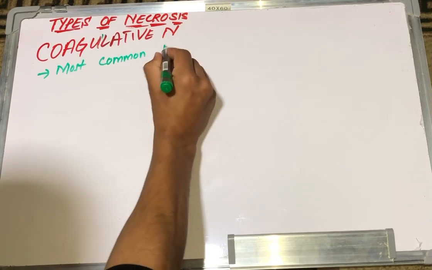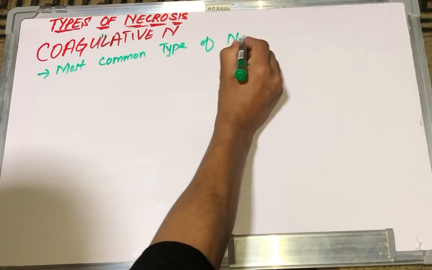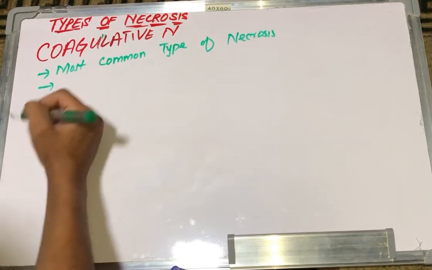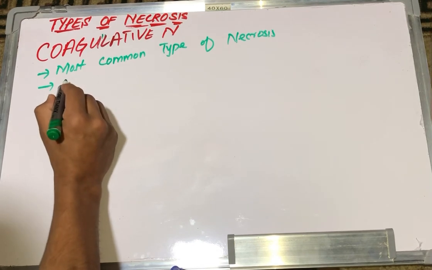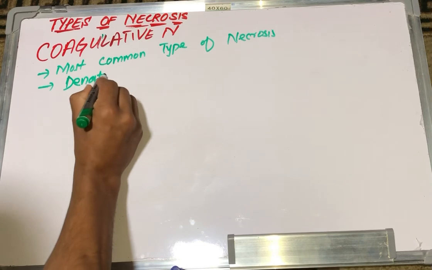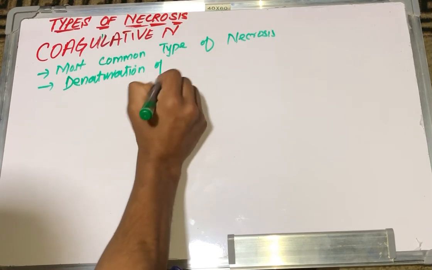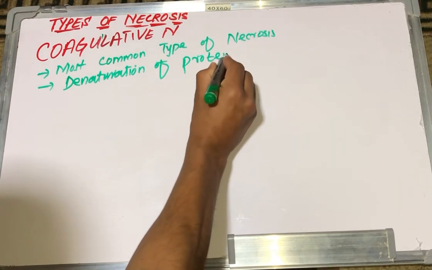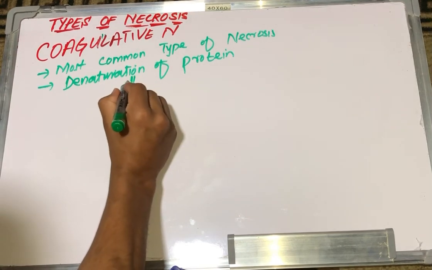It mostly occurs because of denaturation of protein. How does protein denature inside the cell?